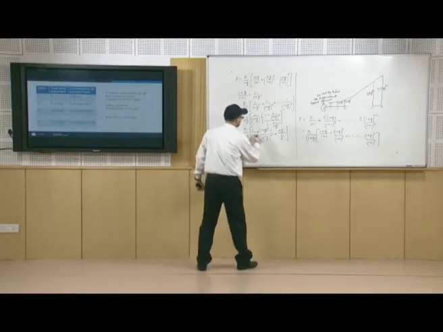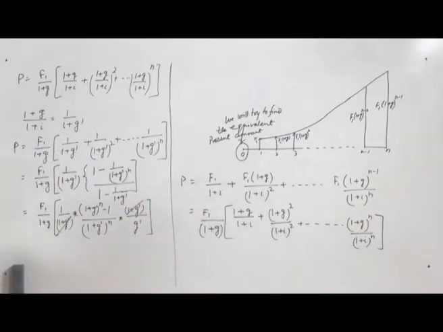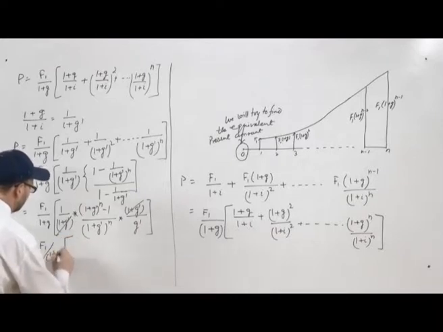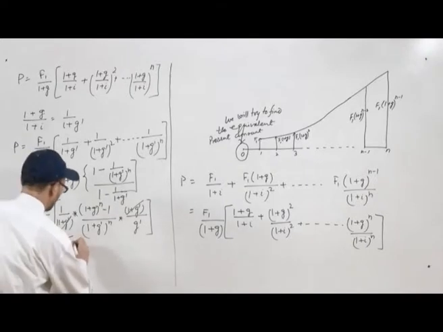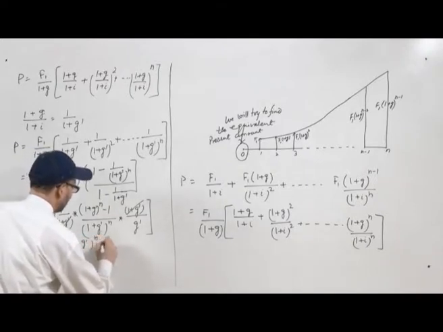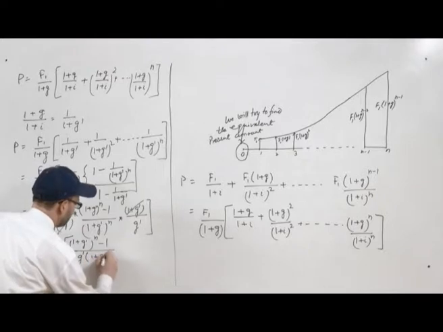So this 1 plus g prime and this term will cancel, and you are left with f1 by 1 plus g multiplied by 1 plus g prime to the power n minus 1 by g prime into 1 plus g prime to the power n.